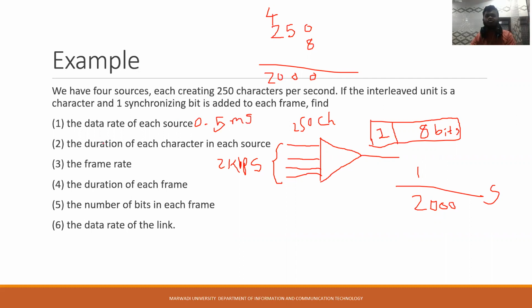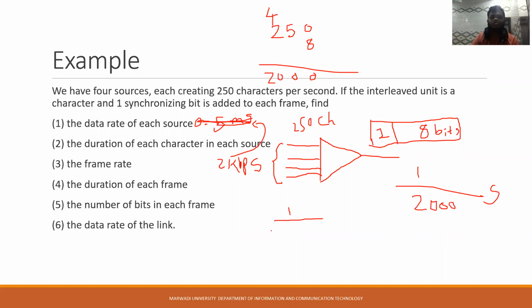Now, the duration of each character in each source. Okay, it seems like we have made a mistake here. The data rate of each source, it's not duration, it is data rate. So it would be 2 kbps here. So now the duration of each character in each source, that's where the duration comes into the picture.